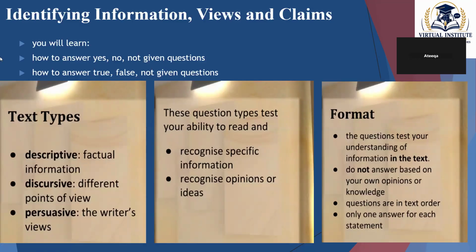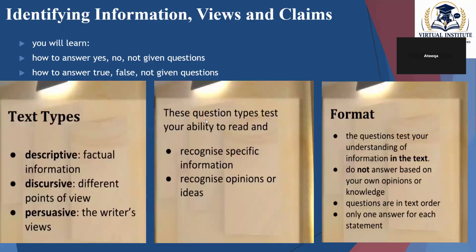So you will get the text types which are actually descriptive or discursive or persuasive. Descriptive means having factual information. Discursive means where you are having different opinions, right? And persuasive means where the writer is actually highlighting his own perceptions. He is actually telling you what he or she believes, right?